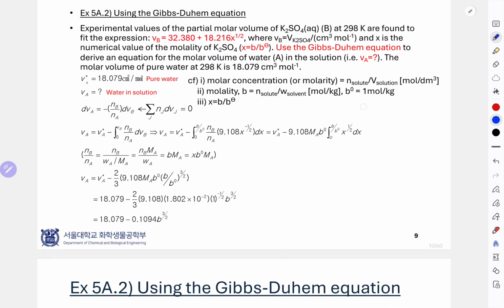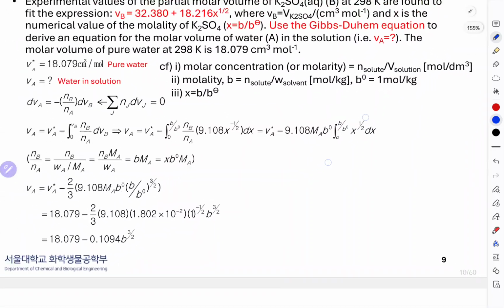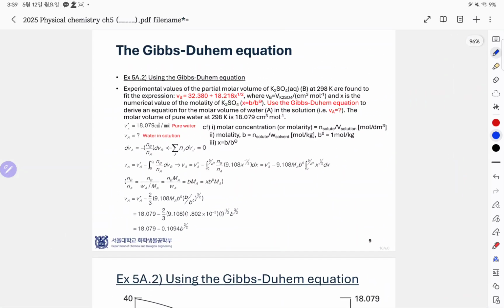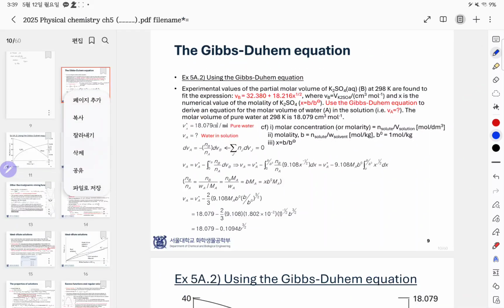And then what is the molar volume of water in the mixture? So from the Gibbs-Duhem equation, what we know is that dVA is equal to minus nB over nA dVB.